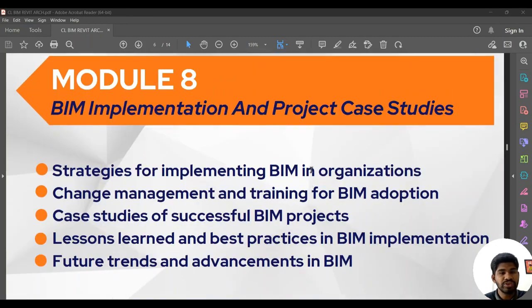Then when it comes to implementation and project case studies, in real life, in real projects, what are the projects that made use of BIM? What are they, where are they, and how have they been adopting BIM and implementing it inside the projects? That we will be discussing in more detail. We'll take real life project case studies and examples so that you will have a great idea about it.